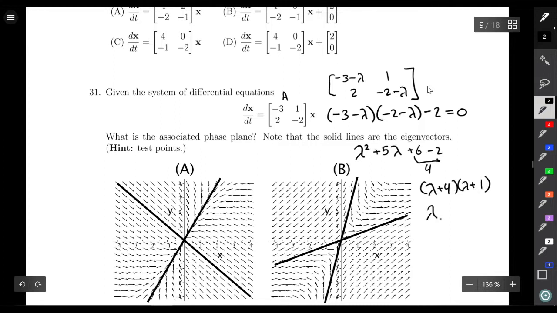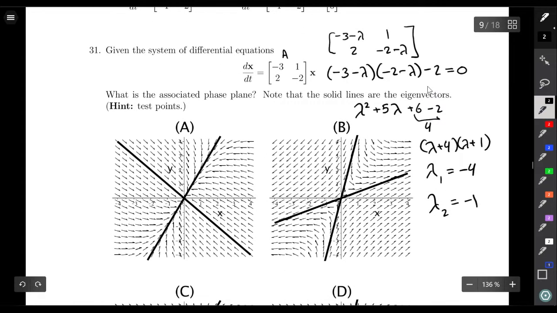So the first eigenvalue is equal to -4. The second eigenvalue is equal to -1. So now we're just going to sub it in and find the equation for it. Here's what I like to do: we're going to take this part as the x, this is y, and then solve. Here I know it says x.